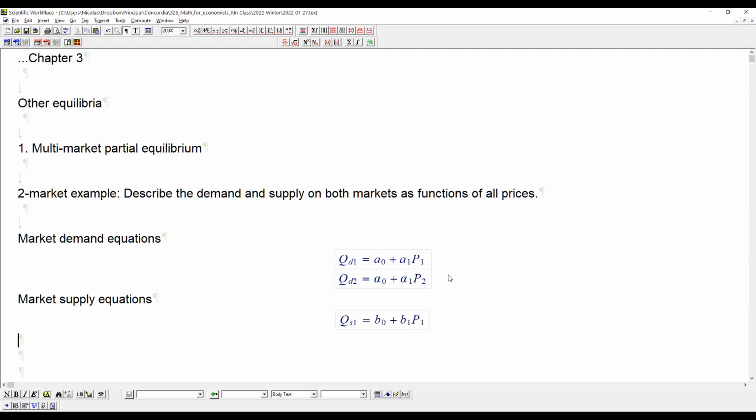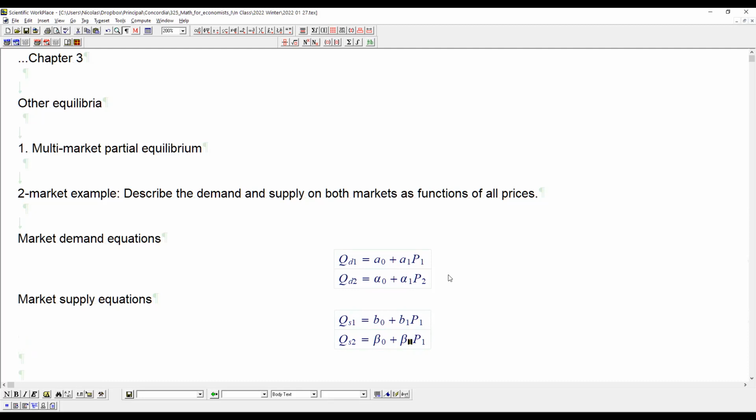Then I would have the supply for the second market, and I'm going to use Greek letters. Beta 1. I really want to use the same letters as before.